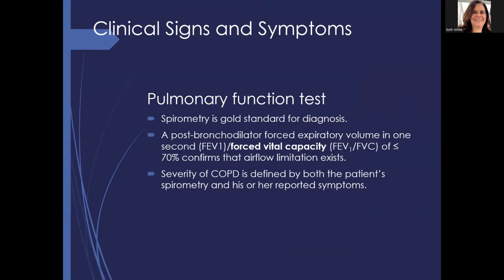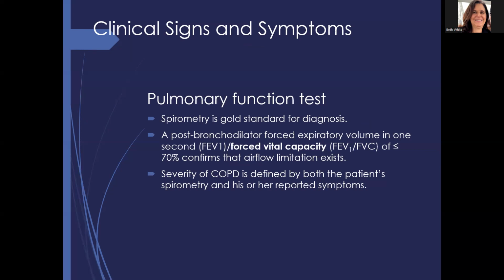Spirometry or pulmonary function testing is the gold standard for diagnosis of chronic obstructive pulmonary disease. A post-bronchodilator FEV1, forced expiratory volume in 1 second, over FVC, forced vital capacity, of less than or equal to 70% confirms that airflow limitation is present in that patient. So that is a gold standard.